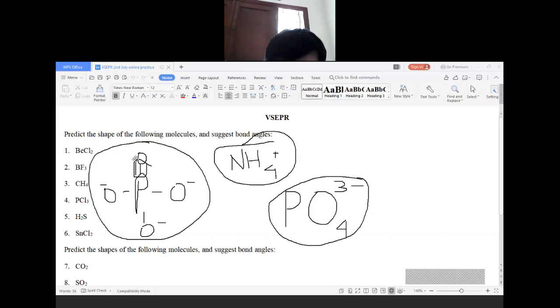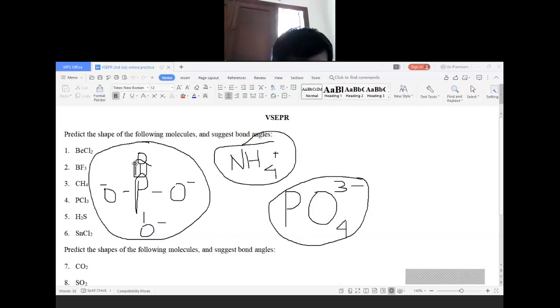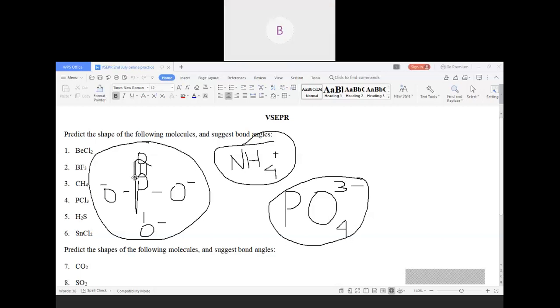So this double bond looks like 1. So if it has, as if it has 4 bond pairs, the shape, what is the bond angle, Bhavya? If 5. No. How many bond pairs are there? If there are 5 bond pairs, then it is 90 and 120 degrees.